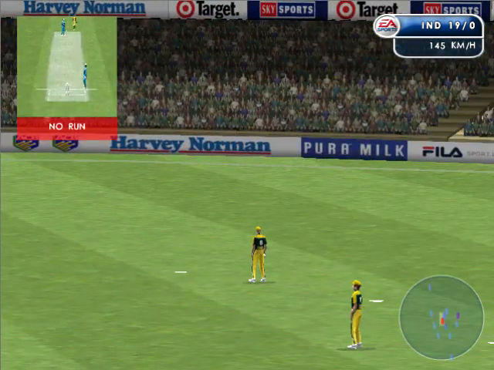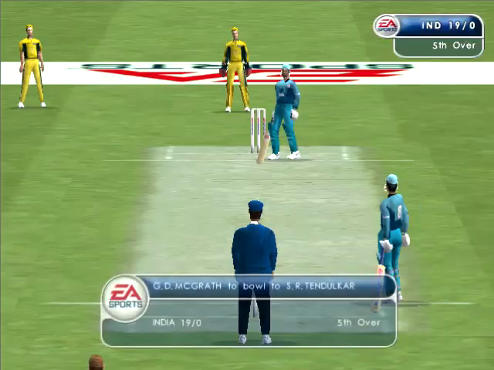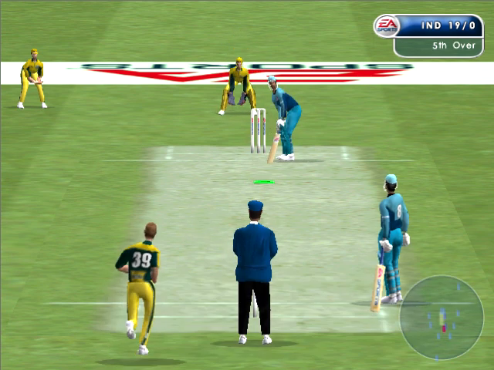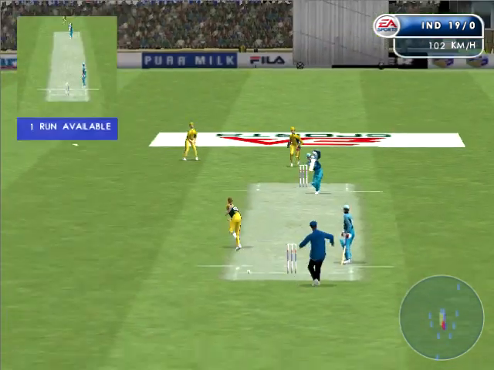Hit straight at Lehman. 46 overs are left in the innings. McGrath to begin a new over. The run rate stands at just under 6.5 and over.